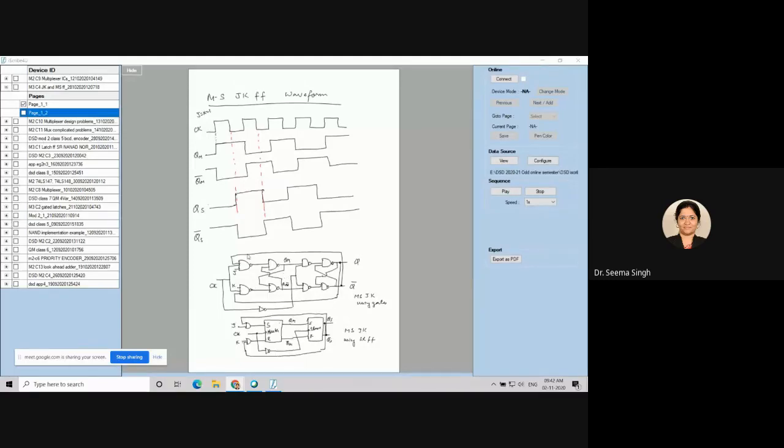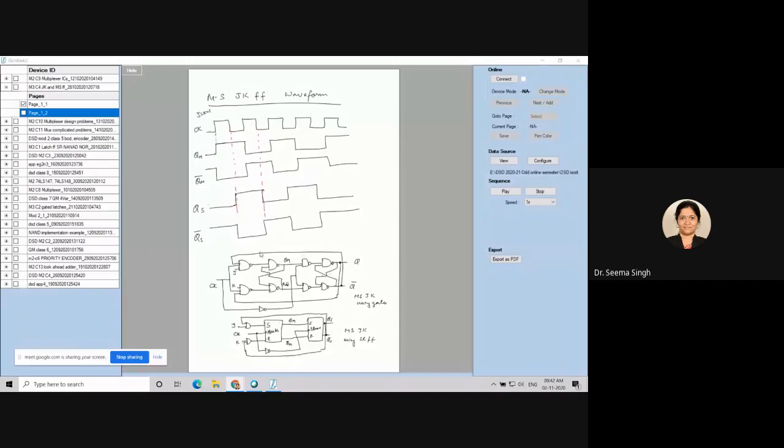First set of flip-flop, first set of this latch works with clock equal to high, and a NOT gate comes here, and clock equal to 0, this slave works. So slave follows master. That is why it is called master and slave.